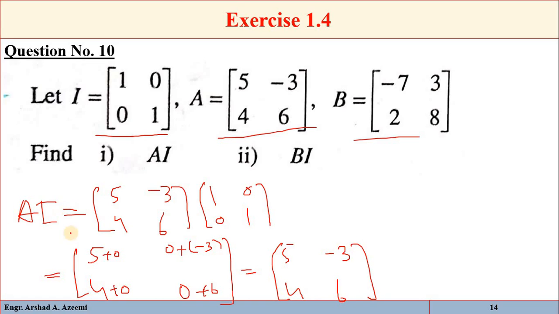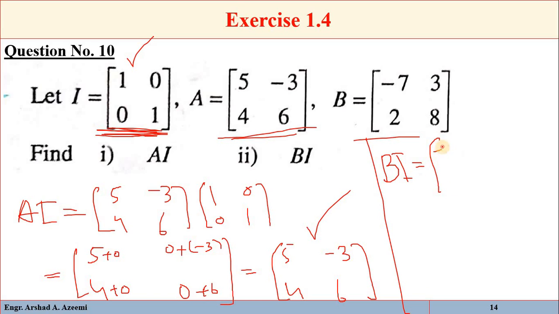If A is multiplied with this identity matrix, again we get the matrix A, so that is called the multiplicative identity. Similarly you can do it for BI. For example, if this is the matrix B, minus 7 3 2 and 8, just multiply it with the identity matrix 1 0 0 and 1.